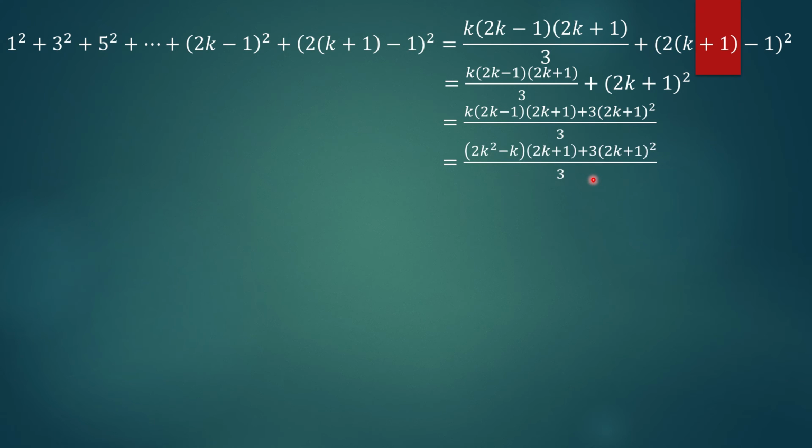And by using again the distributive property, we have the quantity of 2k squared minus k times the quantity of 2k plus 1 plus 3 times the quantity of 2k plus 1 squared all over 3.